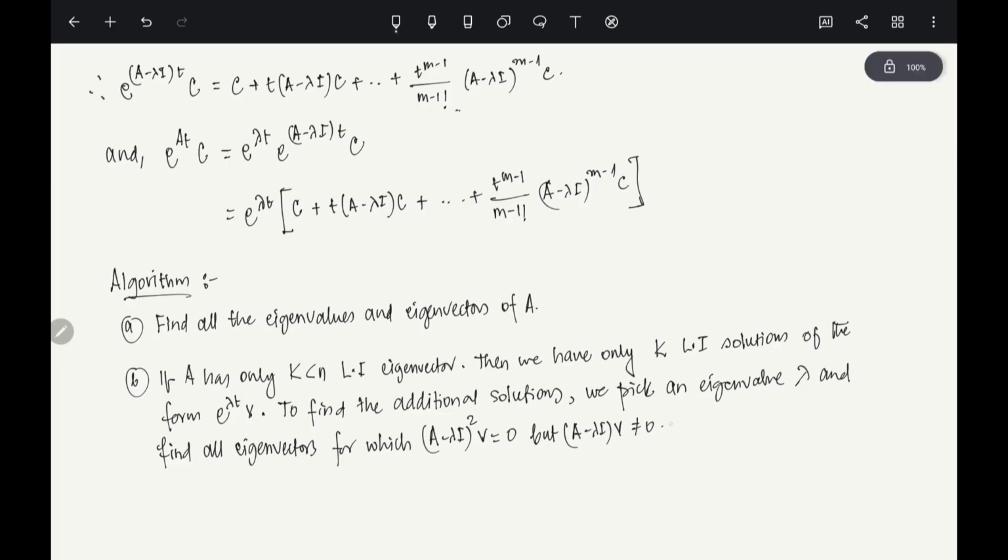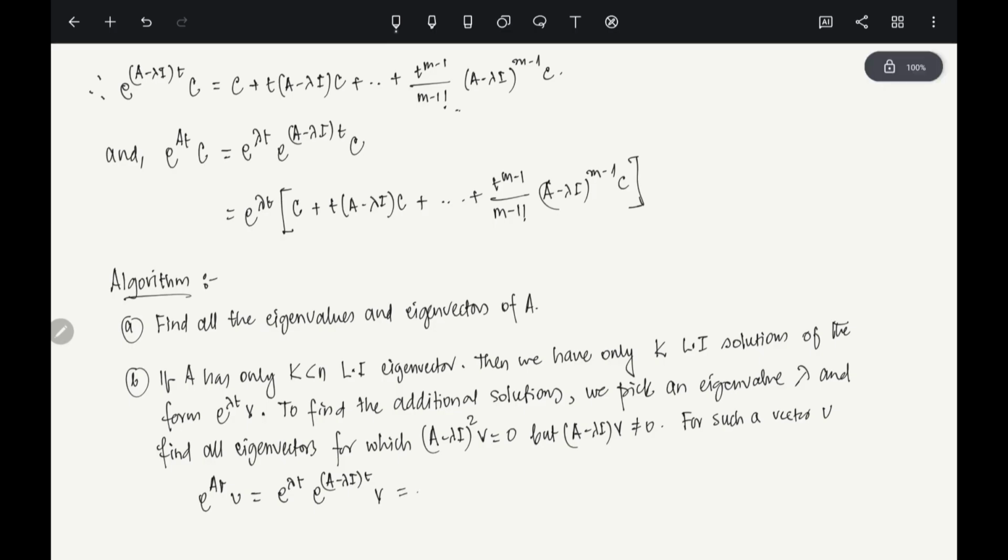For such a vector v, if you can find one, what you have is e power At times v, which can be written as e power lambda t times e power (A minus lambda I) t acting on v. Clear? v is a constant vector, which initially we were writing as c; now I'm just writing it v, it doesn't matter.